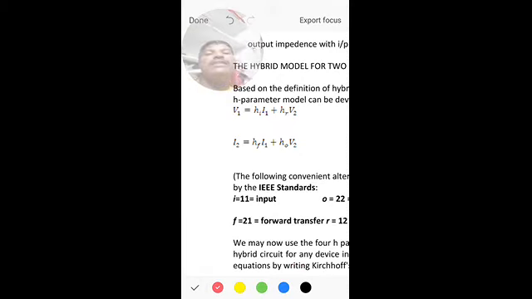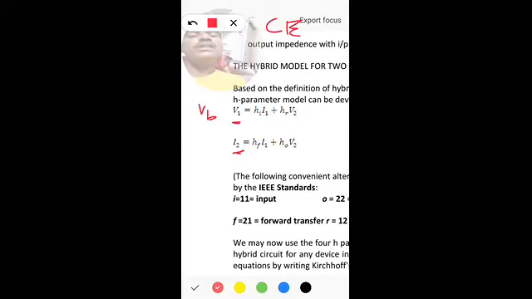The input voltage V1 becomes VB, and the output current I2 is nothing but IC.